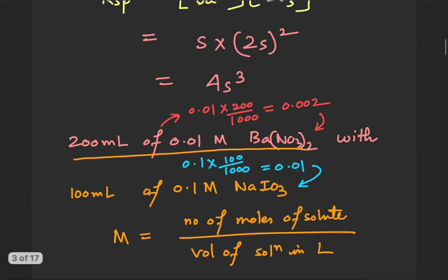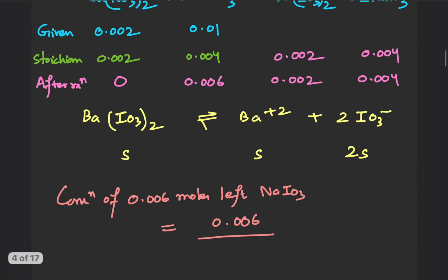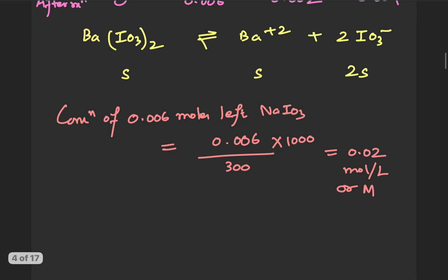Do you remember the volume was 200 ml of barium nitrate and 100 ml of sodium iodate. So the total volume will be 300. So 0.006 divided by 300 into 1000, so that is going to be 0.02 moles per liter or molar, right?